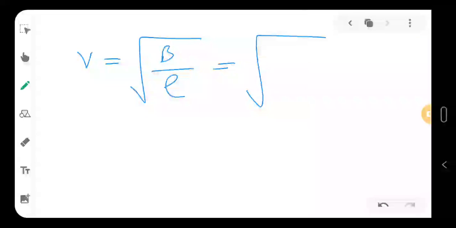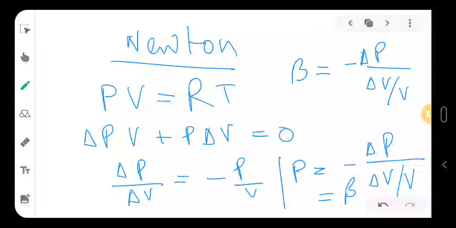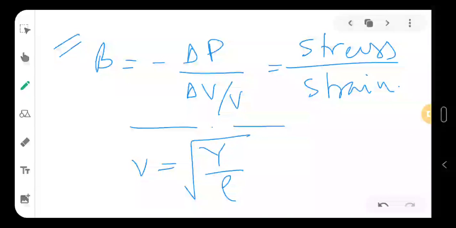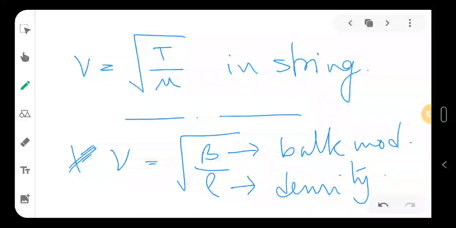So I can easily write that v is equal to root over B by rho, that means root over P by rho. This equation has come through dimensional analysis again. There are more proofs, but for now we don't need them.